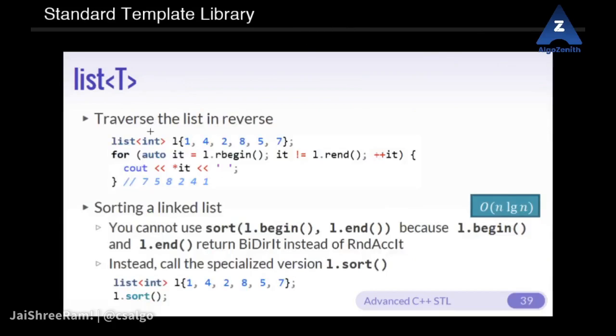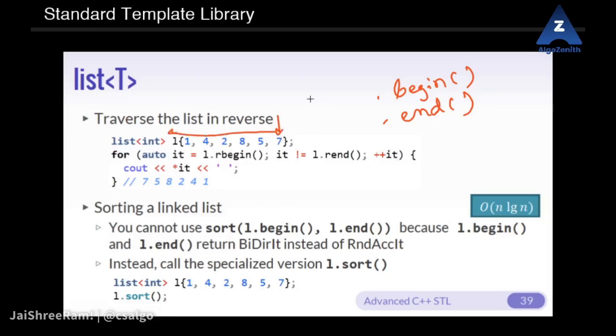so you can traverse the linked list in the reverse direction as well. So we had dot begin and dot end, right? We also have rbegin and rend. So it just flips the direction of looping. So if you do a dot rbegin and you run till it's not rend, you keep on increasing, so it will go from this end to this end.